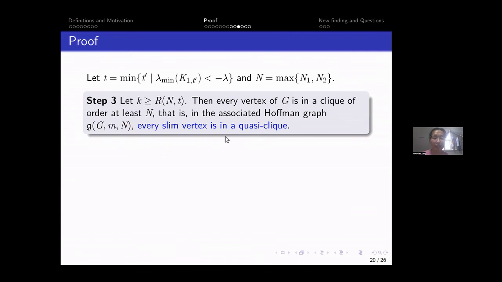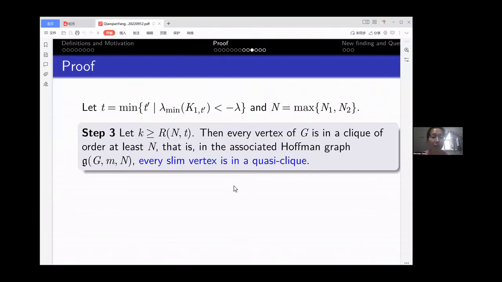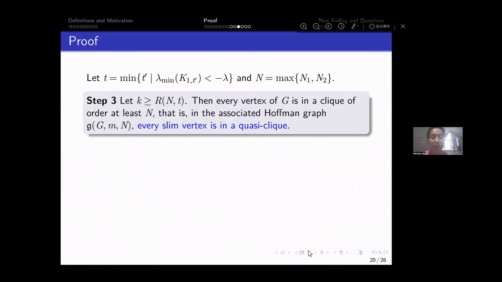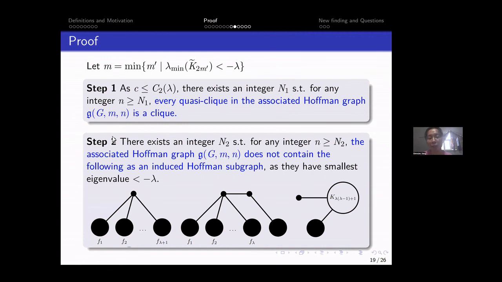Then the third step is we choose a very large clique, because in the 2 previous steps, we always ask for very large n.